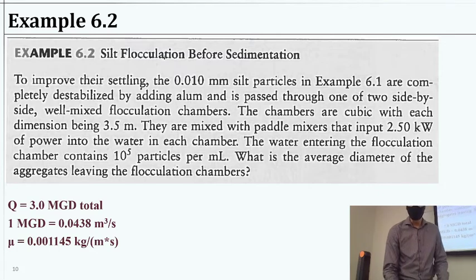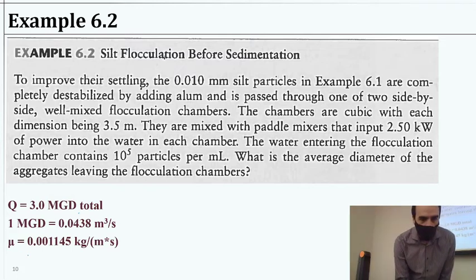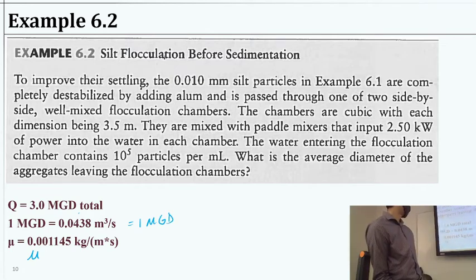And I do apologize, I didn't realize that gets cut off here on the system. And mu is the dynamic viscosity of water.